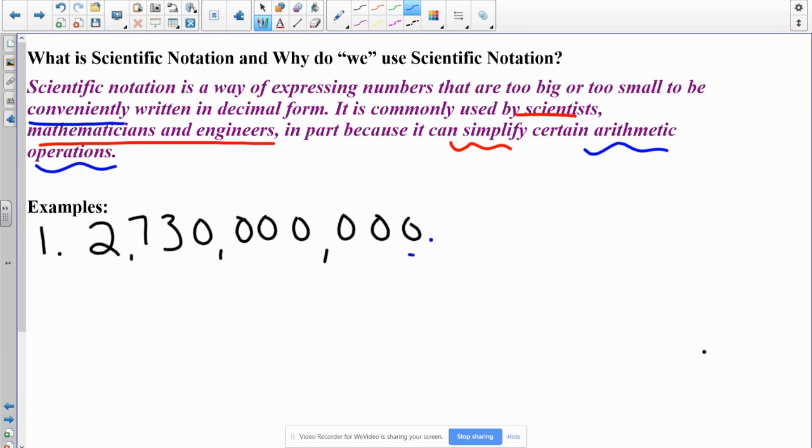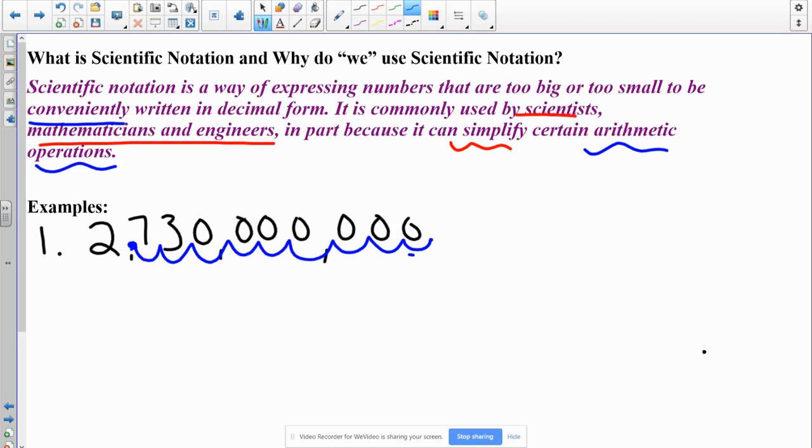And we're just going to move this decimal to the left until I get a new number from 1 up to 10. So we're going to move this decimal 1, 2, 3, 4, 5, 6, 7, 8, 9. Notice I moved it 9 times. And my new number, because my decimal is what I just moved, is now 2.73.